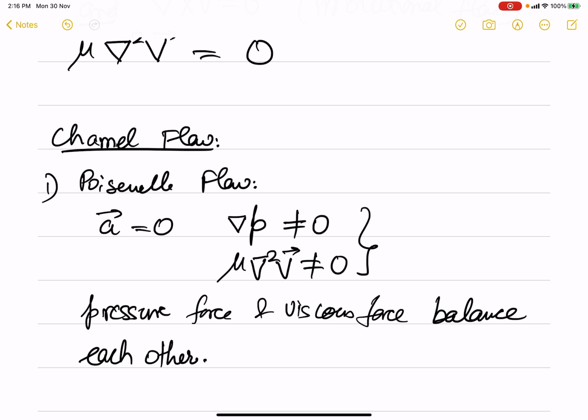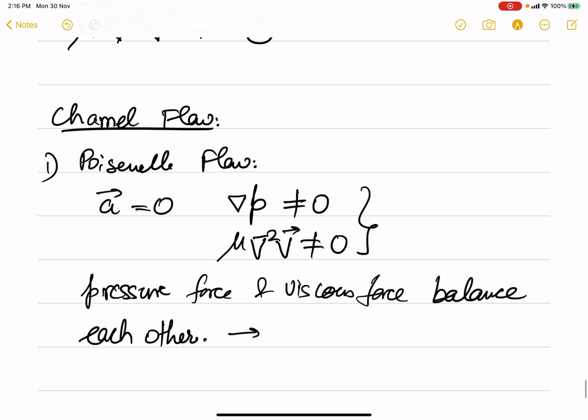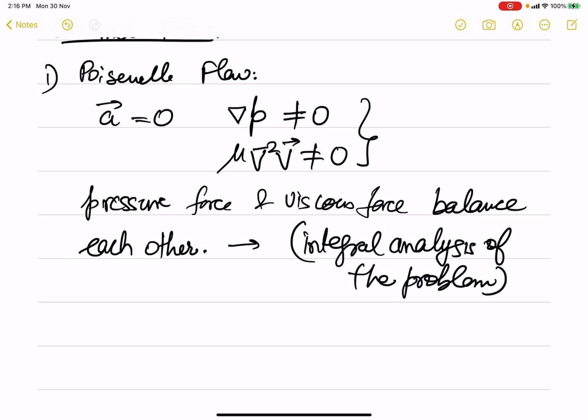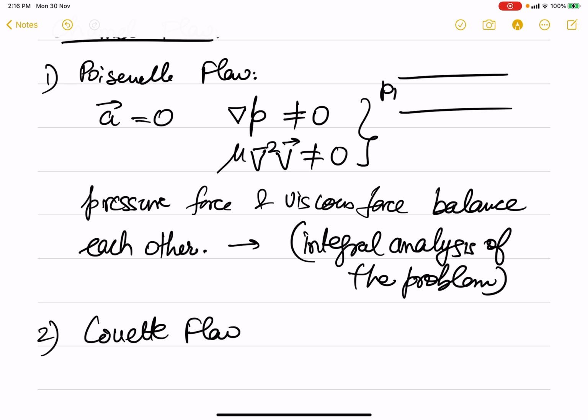It is being used to balance viscosity, and this we even saw from the integral analysis of the problem, that the pressure and viscous forces balance each other. So this is what happens in Poiseuille flow, which was the one where we had P1, P2.